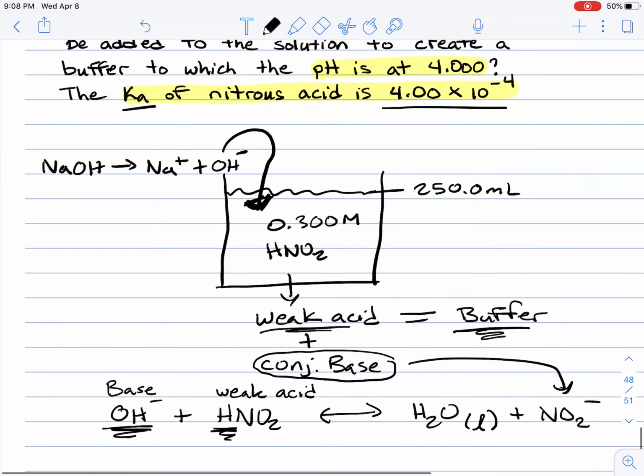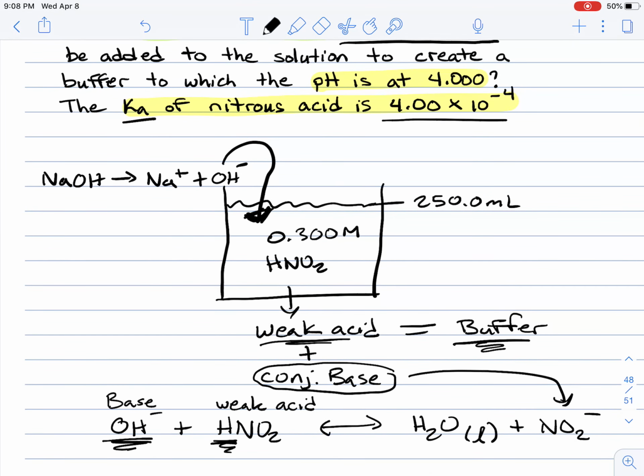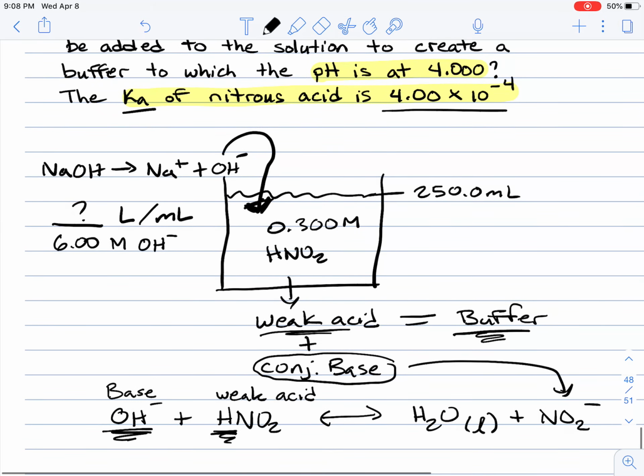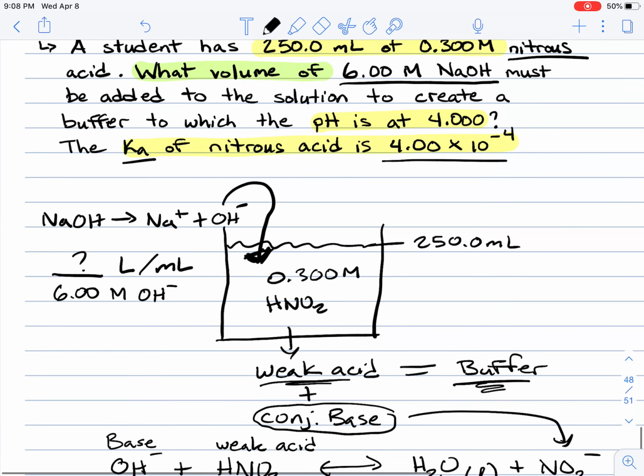So the question is asking us, if we have a 6.00 molar concentration of hydroxide, then how much volume do we need of it so that we can get a buffer? And the pH of that buffer should be 4.000.